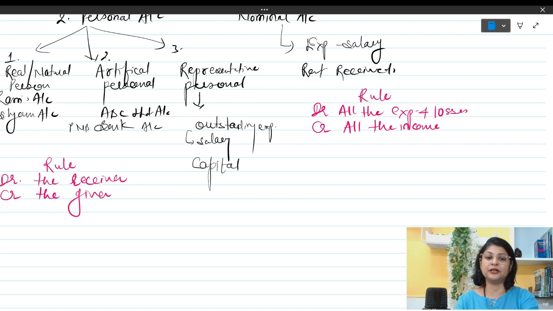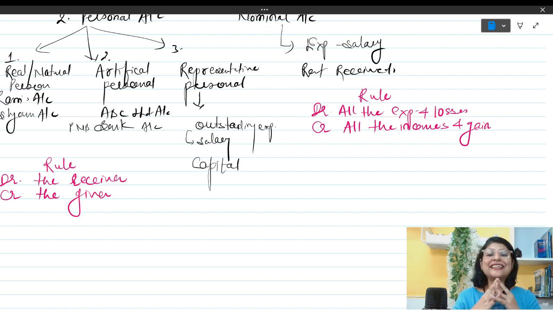For example, if we have a discount allowed to a customer, we will write that discount on the debit side, because it is an expense or a kind of loss. And if we have received a discount, this is a kind of income or gain for us, so we are going to write it on the credit side. So both income and expenses will be tackled at one place only, known as the nominal account.